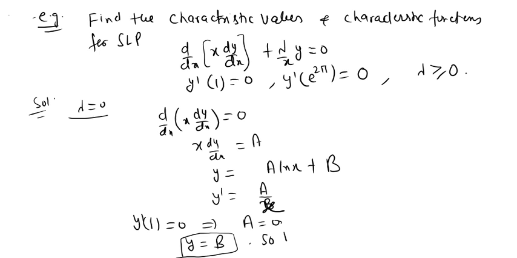So lambda equal to 0 is an eigenvalue and the corresponding eigenfunction is any constant, or for simplicity you can take it as 1.